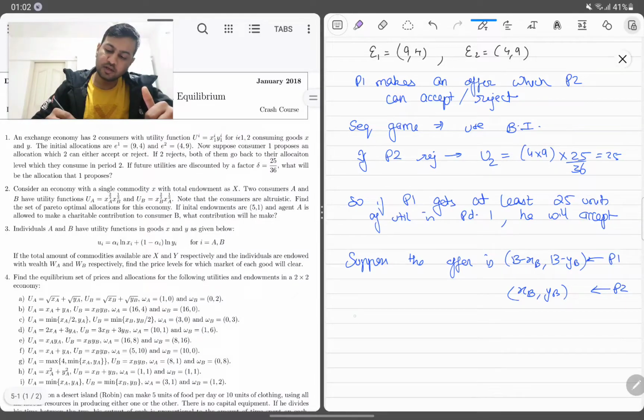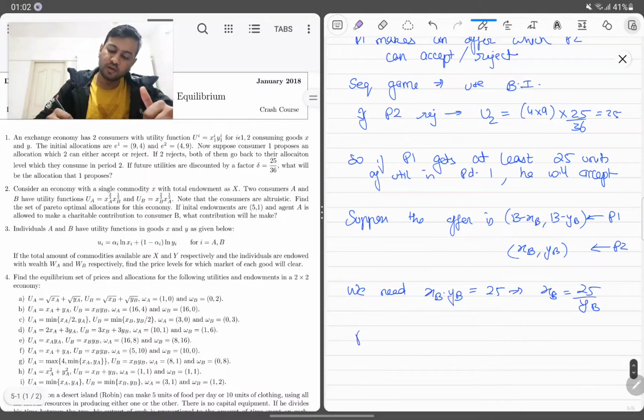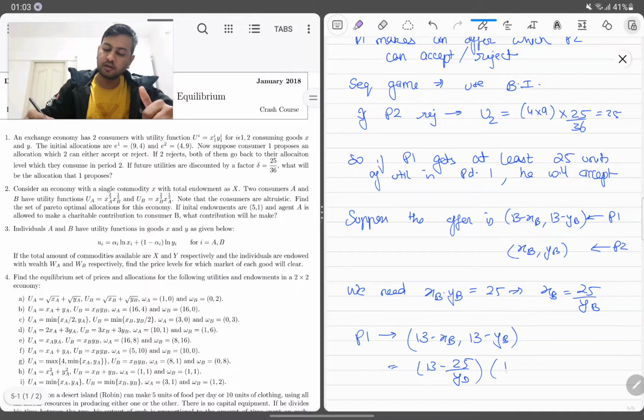Okay, so we need xb into yb to be equal to 25, which implies xb must be equal to 25 upon yb. So person 1's utility, which is 13 minus xb comma 13 minus yb, becomes equal to 13 minus 25 by yb into 13 minus yb.